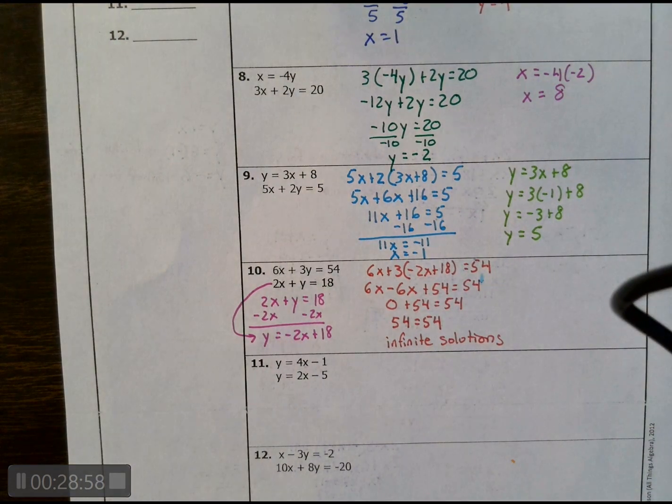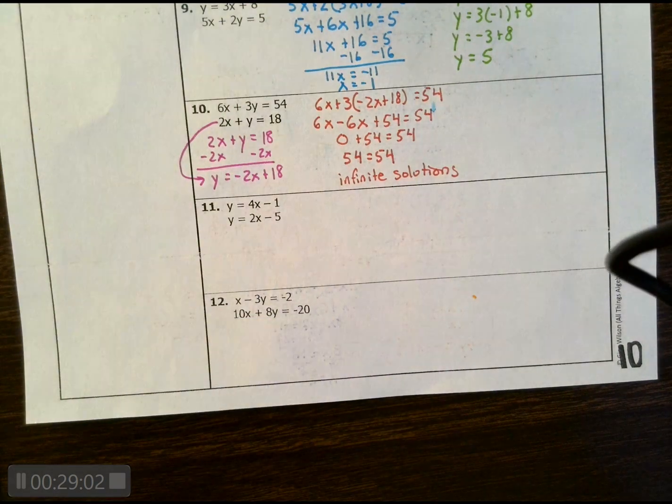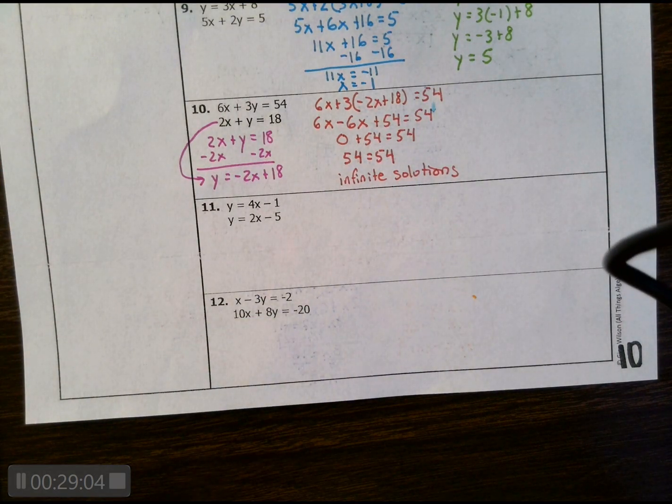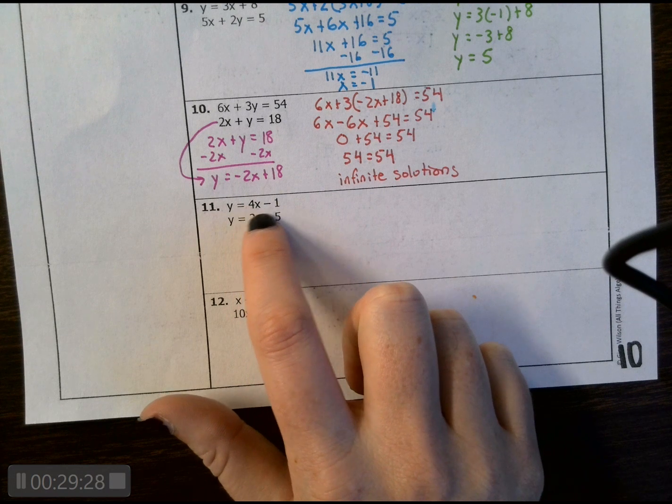Okay, so now for number 11. I'm just going to scooch that. Oop, not that much. Okay. For number 11, we have y equals 4x minus 1 and y equals 2x minus 5. Oh my gosh, this time we have two y equals. What are we going to do? Well, you are going to pick one of your equations to be step 1 and one of your equations to be step 2. Okay? So I'm going to pick the first one as our step 1.